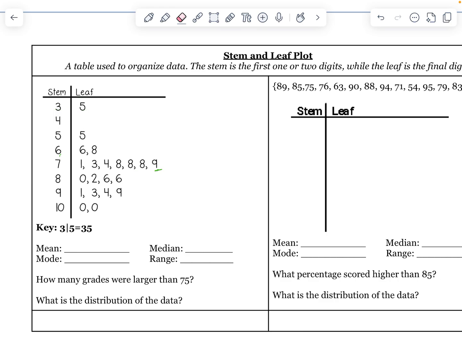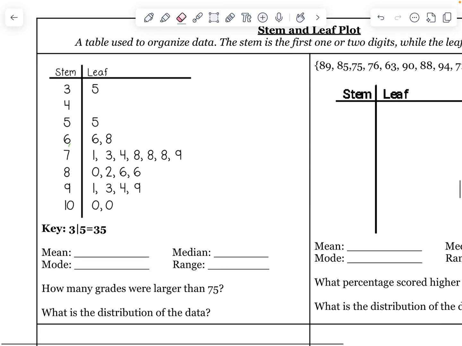All right, so we can find the mean, median, mode, and range. How many grades are there? Okay, here we go. Mean, I have to add them all up and divide by the number I have. 35 plus 55 plus 66 plus 68 plus 71 plus 73 plus 74 plus 78, 78, 78, 79, 80, 82.